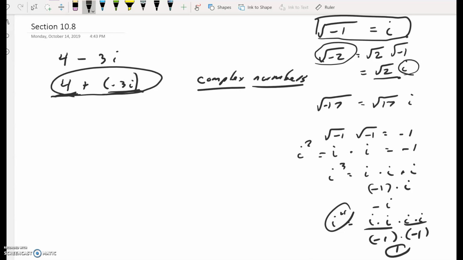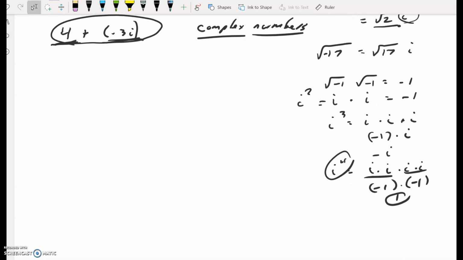This is just an intro unit, so we're going to learn how to do a little bit of arithmetic with complex numbers. Notice a complex number in the book can be written a plus bi, where a is a regular number, no i's at all, and b is a regular number times an i. So here a would be 4 and b would be -3. The first thing you can learn to do with these numbers is add or subtract them.